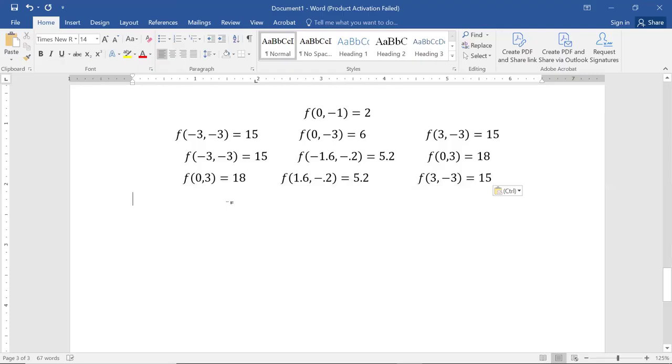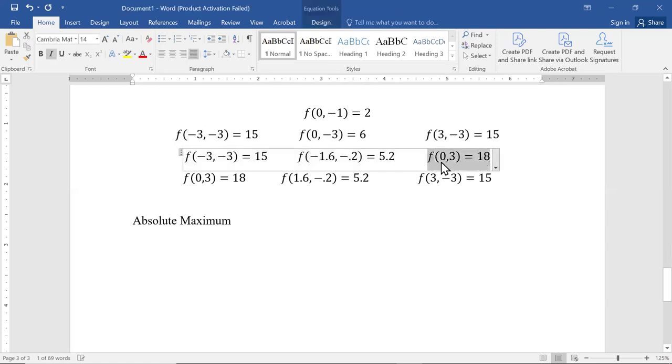Now, what I claim is that the absolute maximum has to come from one of these points, either the endpoints or the critical point. So I look at the maximum output value, which is 18. That happened at the point 0, 3.